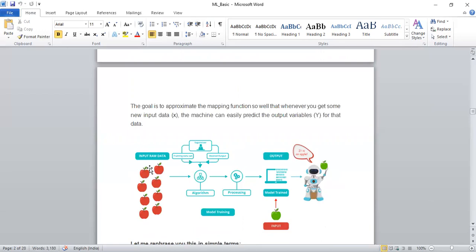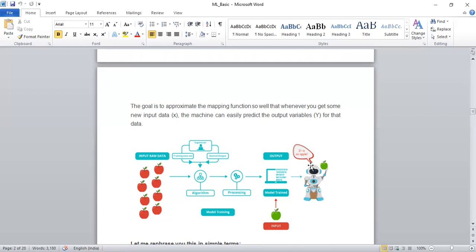Look at this figure. This is input data, so it is your training data set. This is the supervisor-derived output, and that is fed into this machine. The generic algorithm processes this, trains the model, builds the model, and this is the output. So it is an apple.